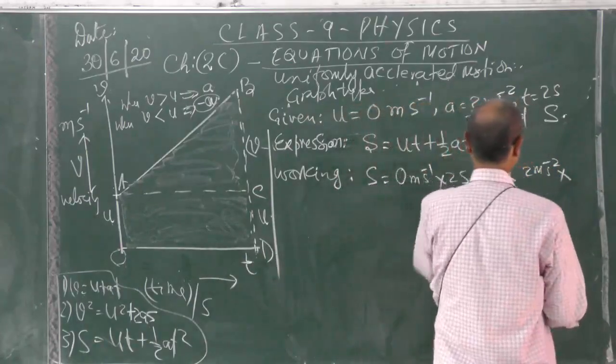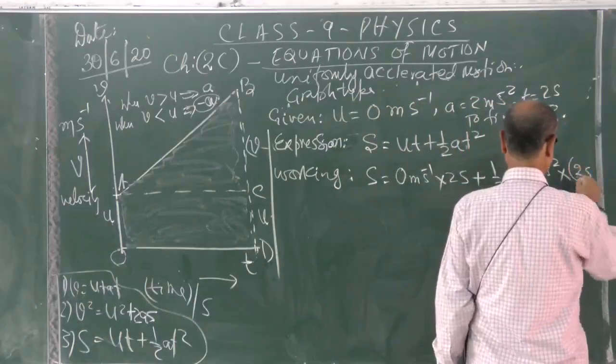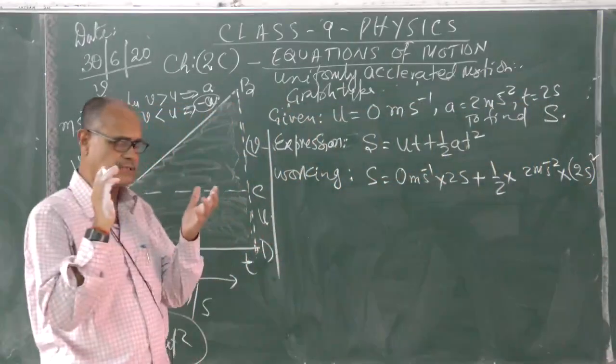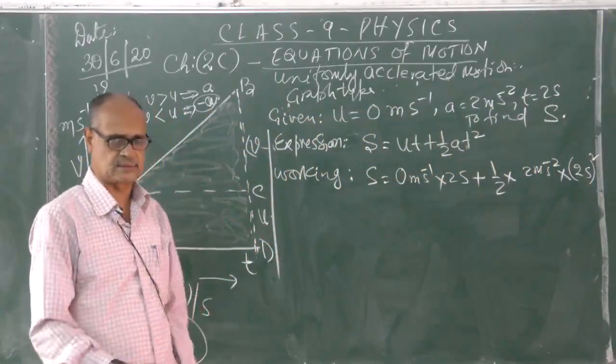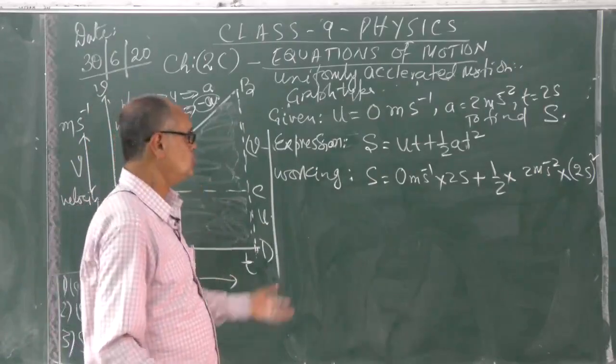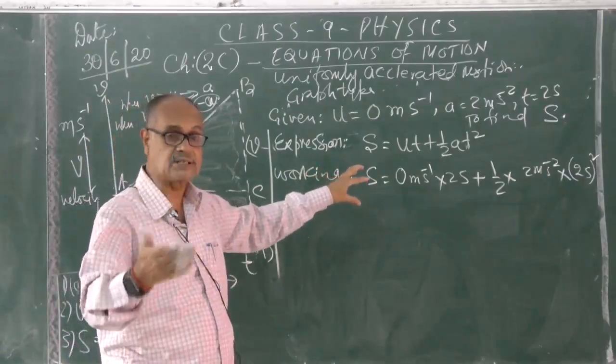T is 2 seconds, so you write 2 seconds square. I'm using it along with the units, but you can do without units, though at the end you must give the right unit.